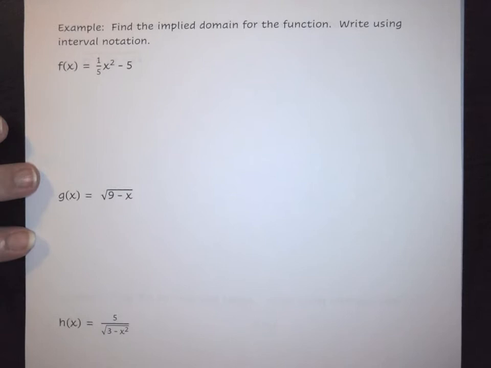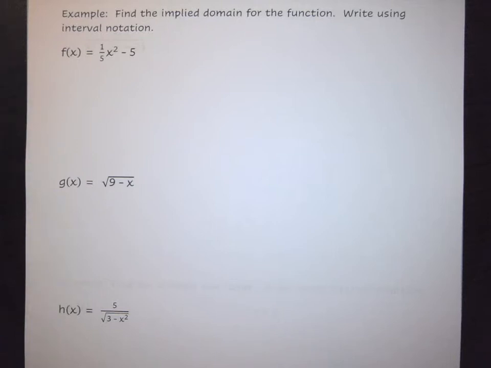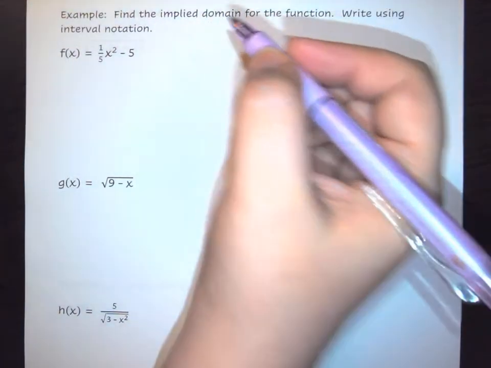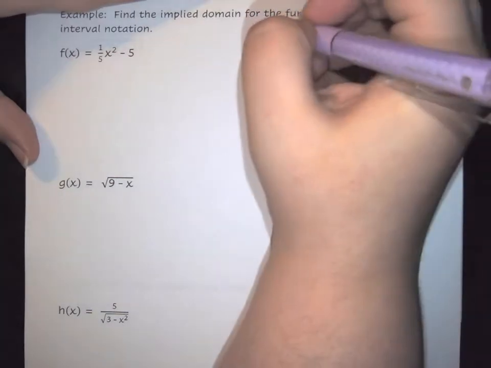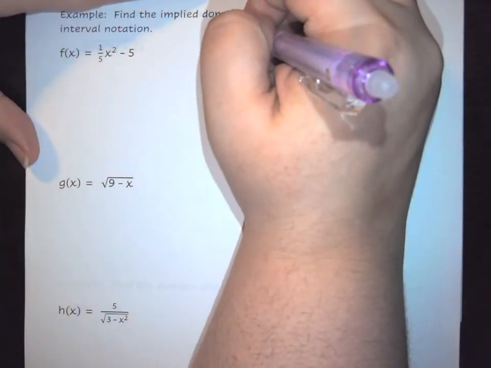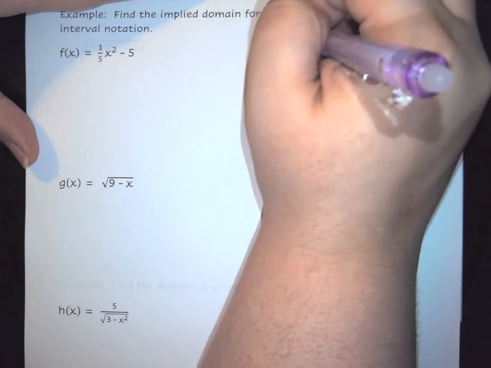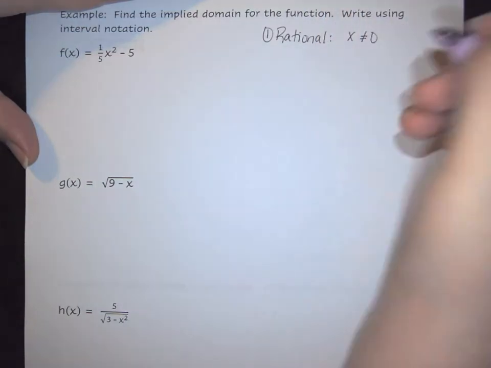Alright, in these examples we are looking at what's called the implied domain. So the implied domain essentially means that now we are going to use some of the rules of our domain that we have. Here, one of the biggest rules we have is that we have a quadratic. Some of those rules essentially state that you have the rational rules, which say X cannot be 0 in your denominator.